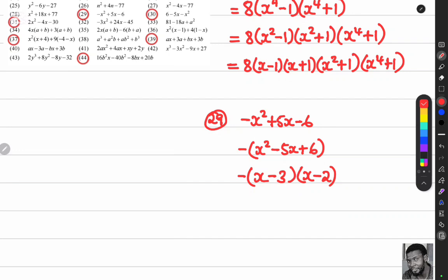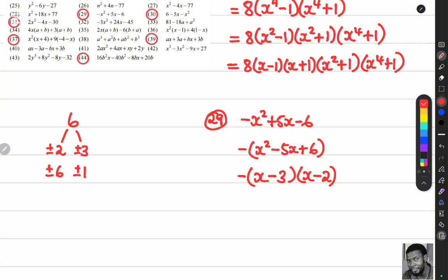Make sure that you write the factors there, which are plus or minus 2, plus or minus 3, plus or minus 6, plus or minus 1.